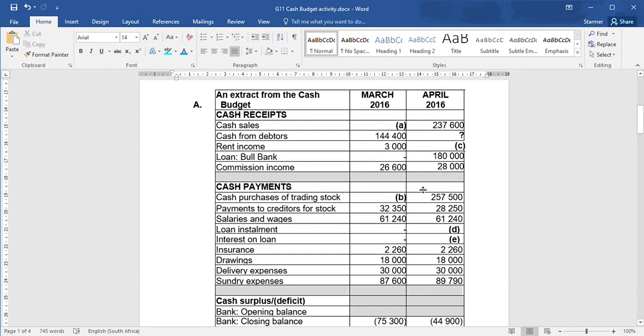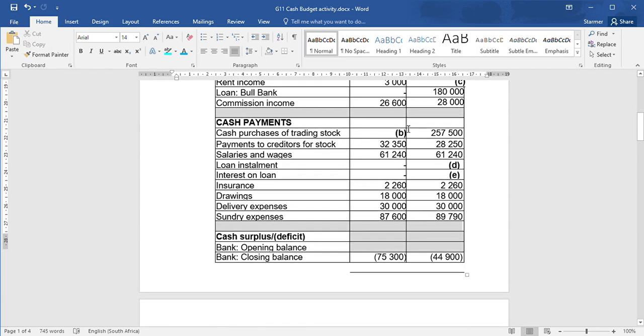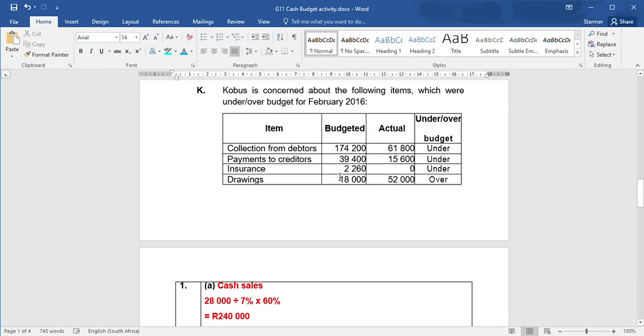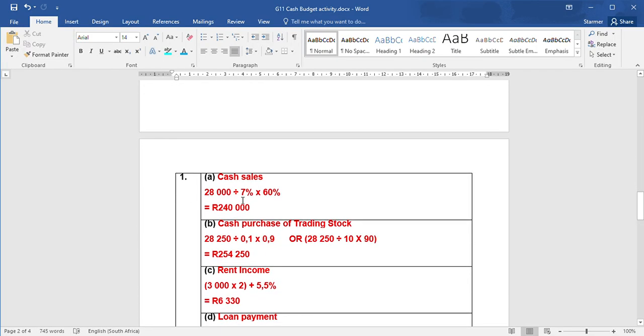So in other words, that 28,000 commission is equal to 7% of the total sales for the month before, which is March. And they also tell you that cash sales are 60% of total sales. So to get that amount there, we take the 28,000, divide it by 7% to get total sales, and then because we want cash sales, we multiply that by 60%.